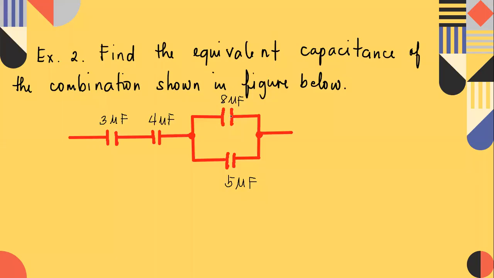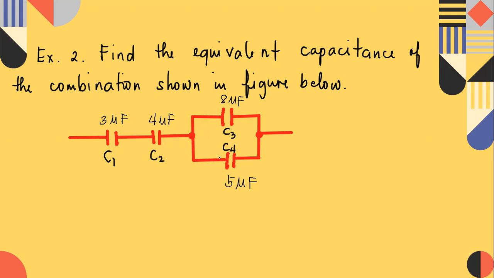First, the 8 and 5 microfarad is under the parallel. Therefore, we have to get the value of the 8 and 5 microfarad. Like this one as C1, C2, C3, and C4.